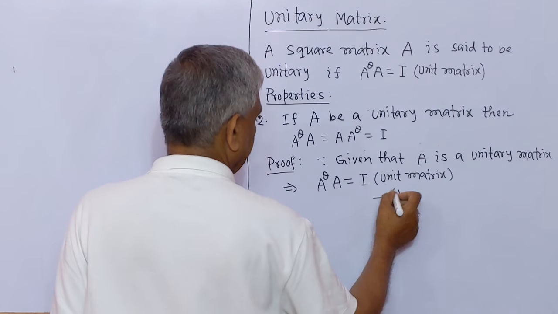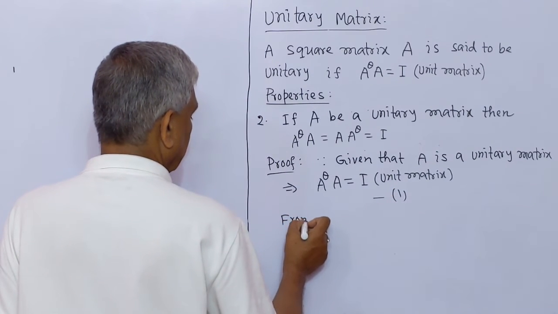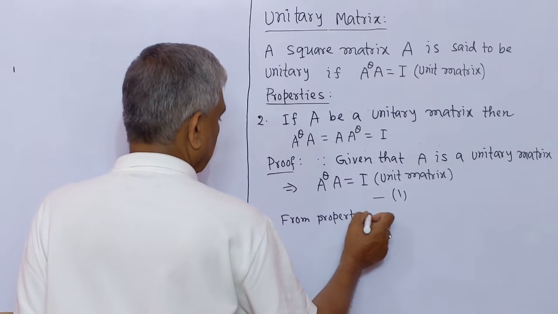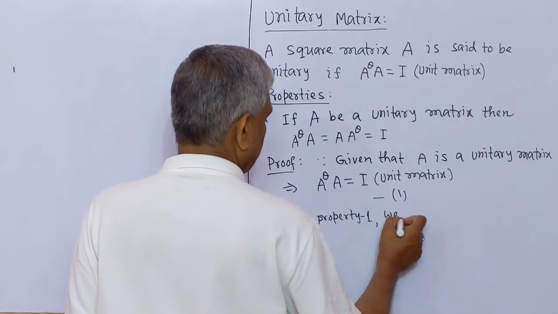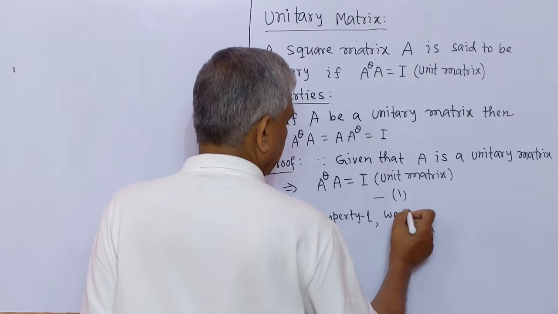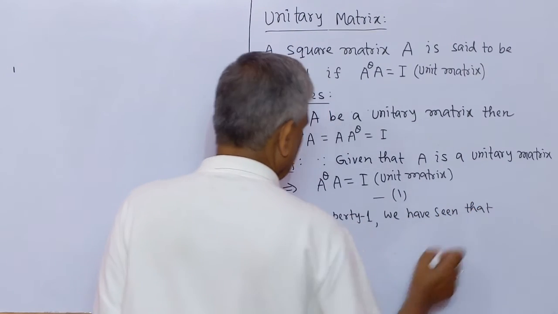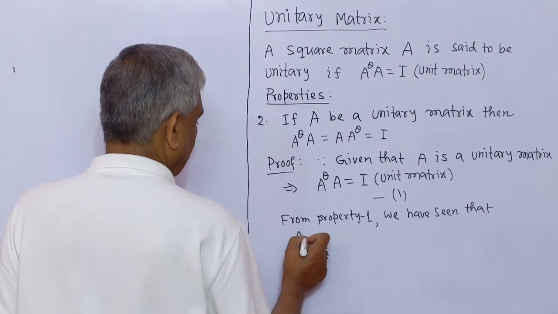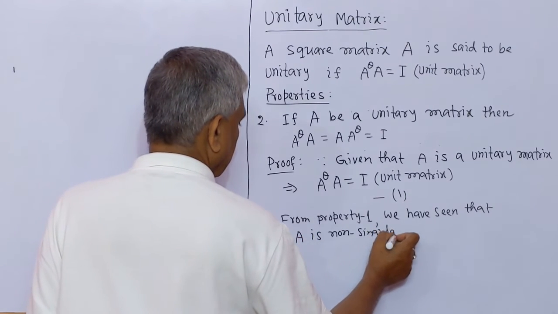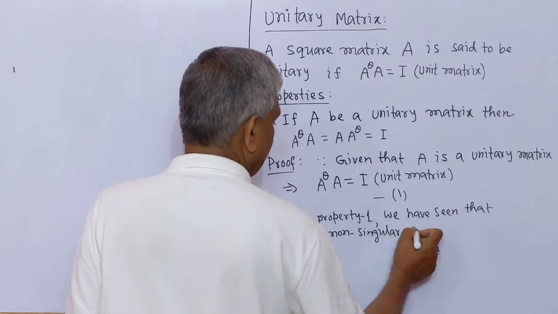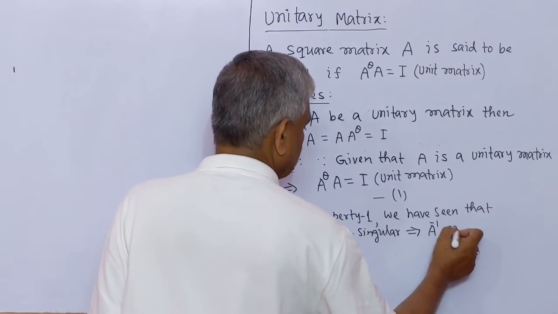This is number 1. From property 1, we have seen that A is non-singular, implies that A inverse exists.